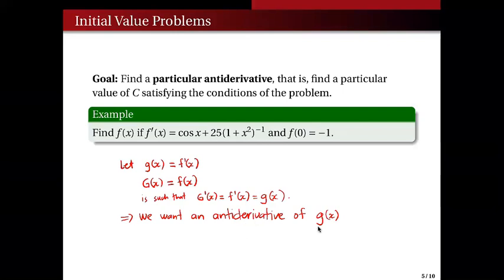The antiderivative of small g of x, that will be your capital G. Correct? And therefore, that capital G is the one that you are looking for. That is your small f of x.